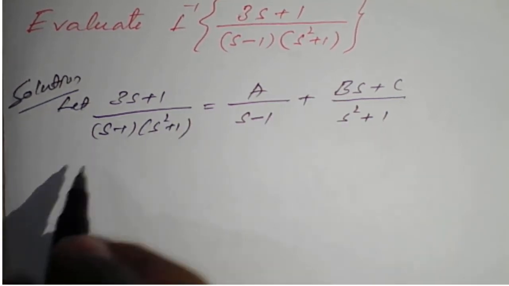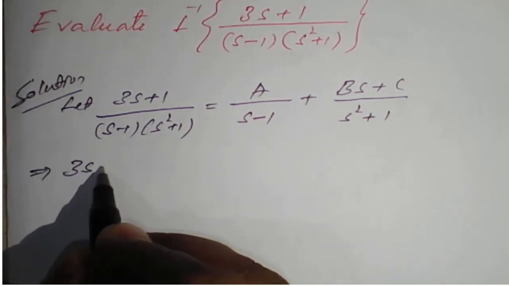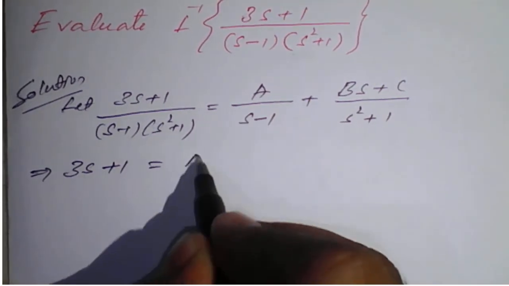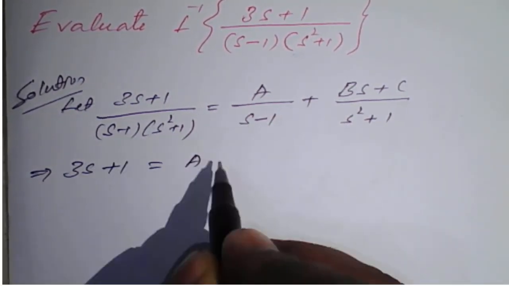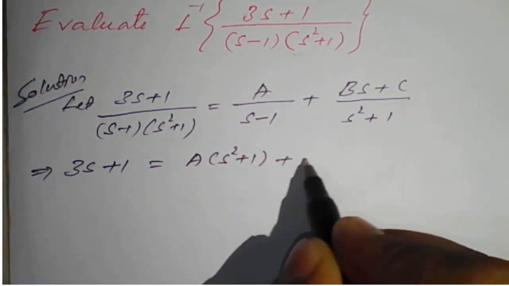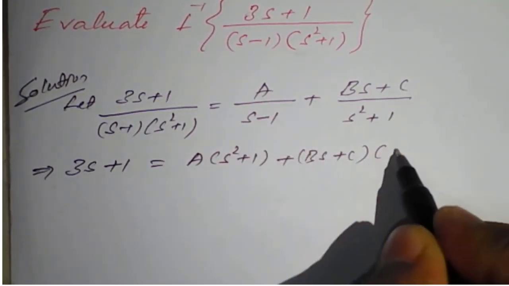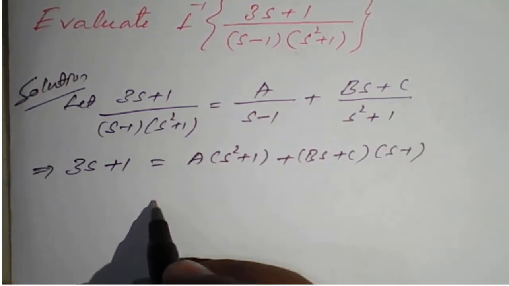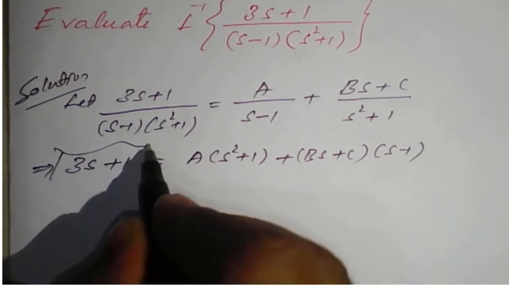On simplification it becomes 3s plus 1 is equal to A(s square plus 1) plus (Bs plus C)(s minus 1). We'll simplify this now.